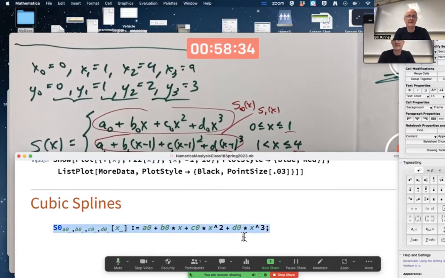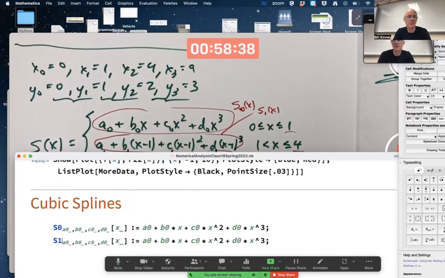There's my first piece. Save some time by copying and pasting, change the zeros to ones. Change these zeros to ones as well. And then change the X's to X minus ones.